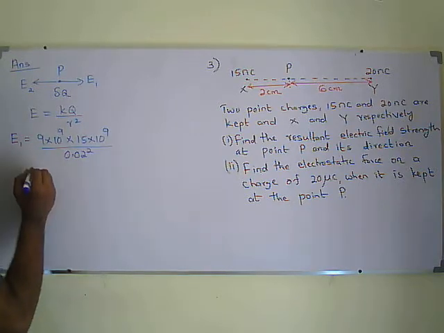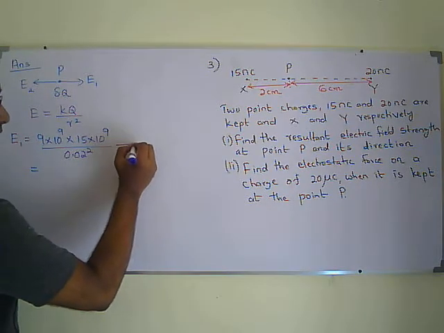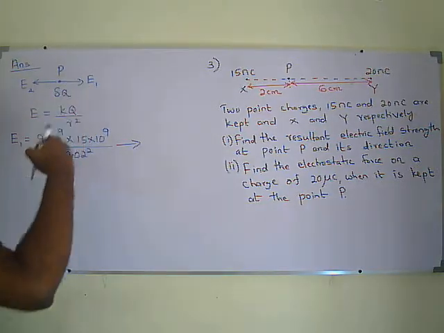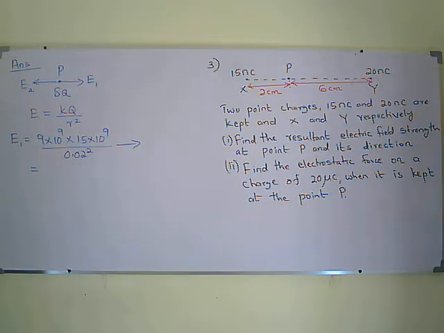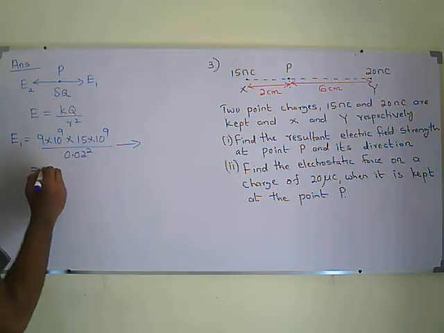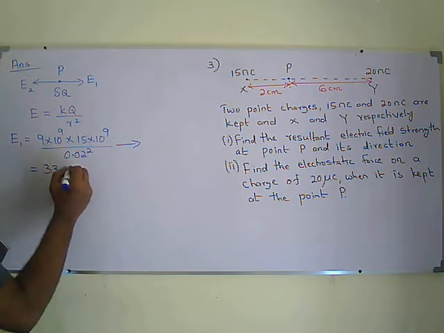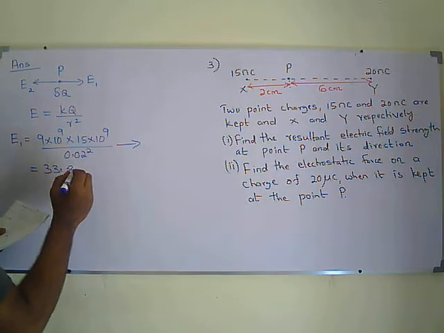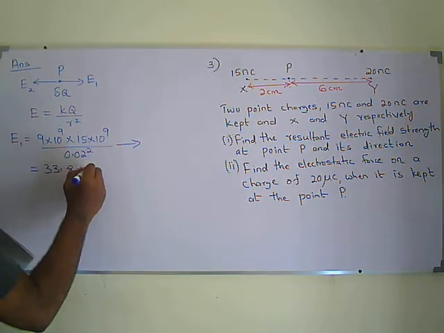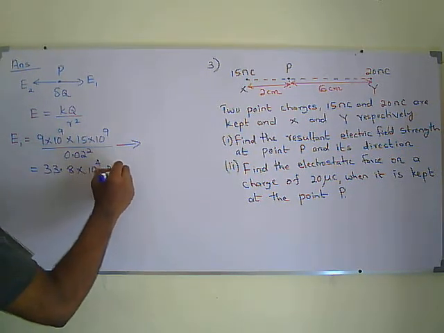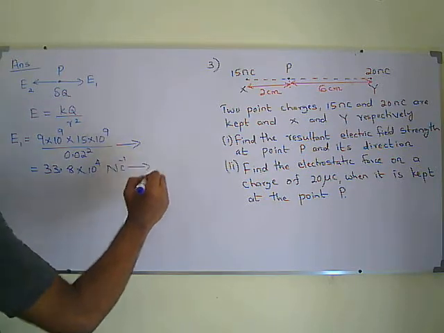0.02 squared. If you solve that, the direction will be towards this way. I already mentioned that for E1. So if you solve this, you will get 33.8 × 10^4 Newton per Coulomb towards right.